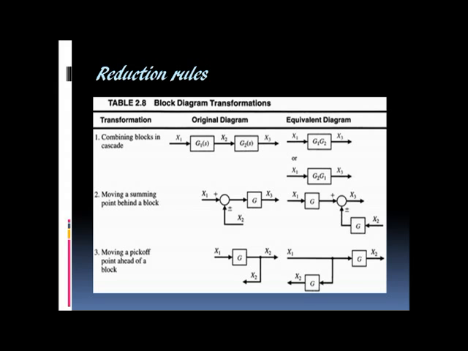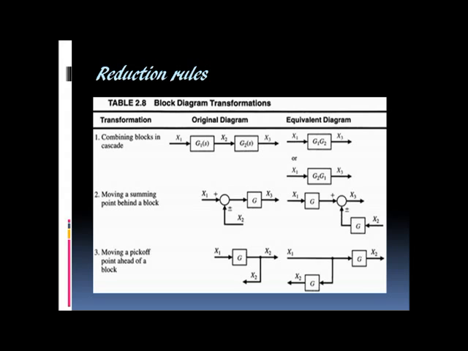After being cascaded, they form a single block which contains G1, G2. So in the cascading operation, we are taking the product of the two blocks and putting it into a single block, which is known as G1 G2, or it could also be known as G2 G1.